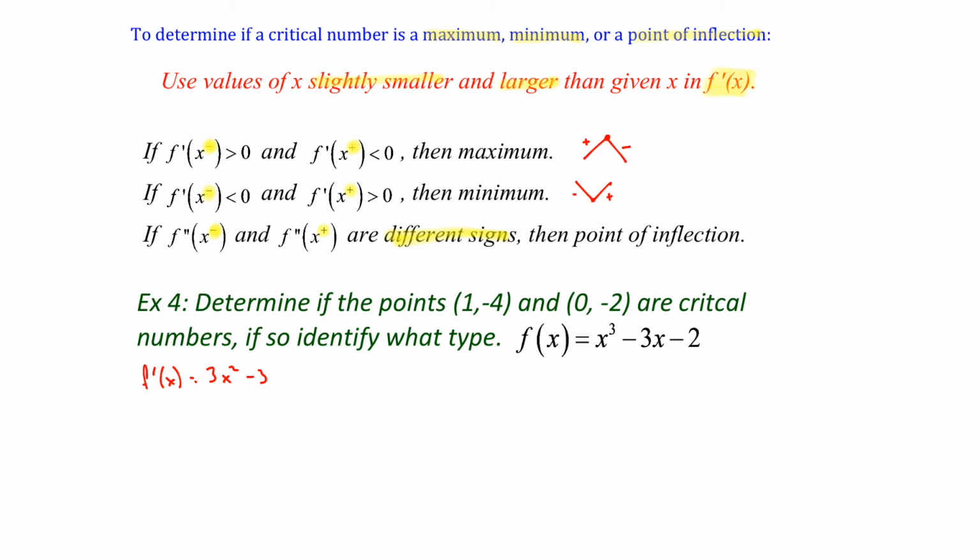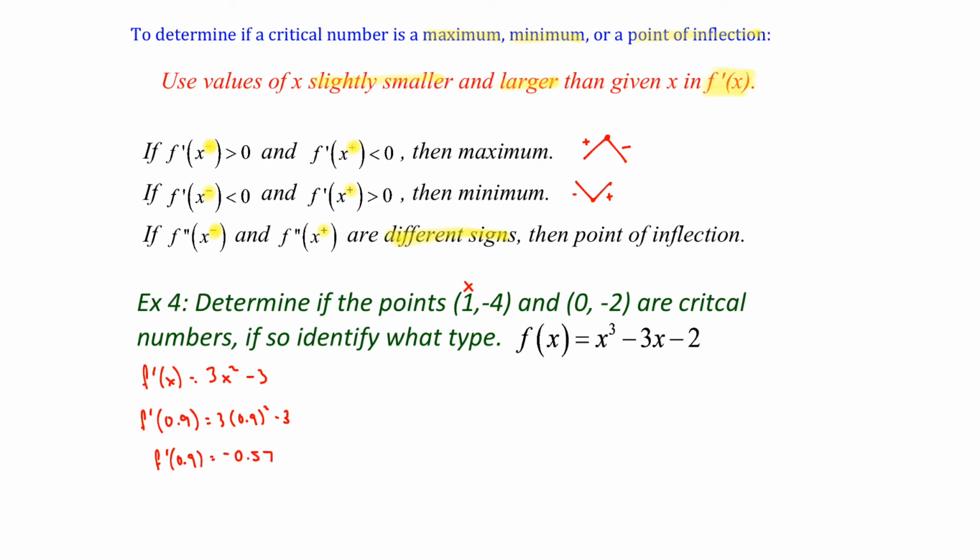And so what we're going to do at x equals 1, right here, we're going to plug into the derivative a point just to the left of 1. So we'll do 0.9. You can use your graphing calculators to help you identify this. When we plug 0.9 into the derivative, we get negative 0.57.